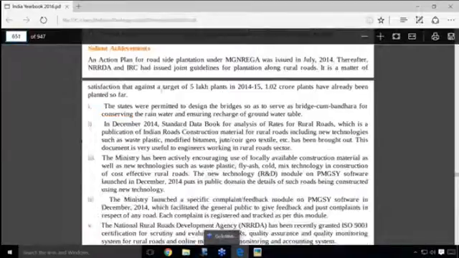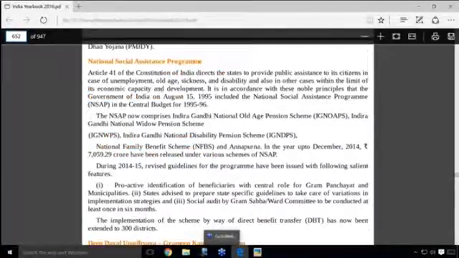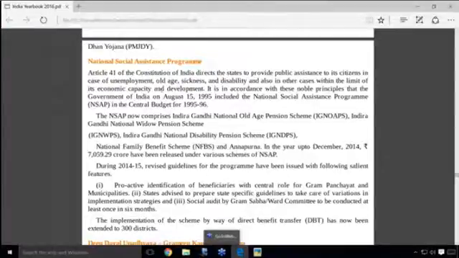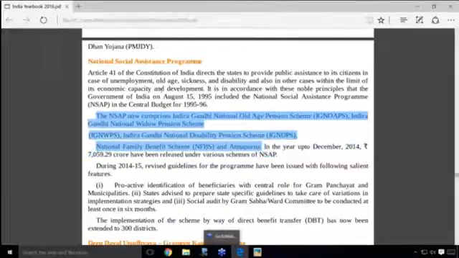See page 724. You have the National Social Assistance Program, right? It comprises almost 3 schemes: Indira Gandhi National Old Age Pension Scheme, Indira Gandhi National Widow Pension Scheme, Indira Gandhi National Disability Pension Scheme, and the other two are National Family Benefit Scheme and Annapurna Scheme.